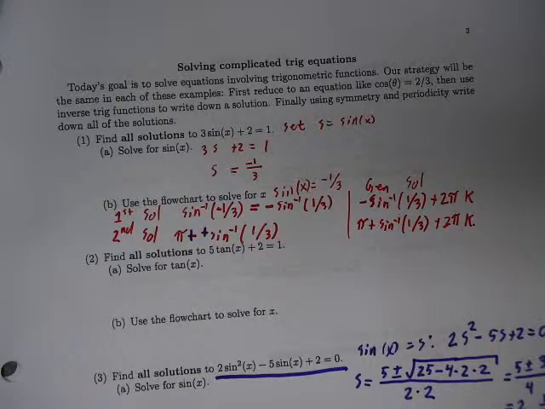All right, so you know how to solve simple trig equations using that flowchart, and you know how to do elementary arithmetic. Just put those two things together. Do you guys think you could solve the equation 5 times the tangent of x plus 2 is equal to 1? Yes. Yeah, do it.